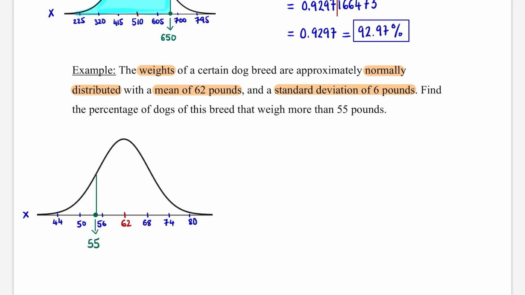I have two regions. One is below 55 and one is above 55. I want to find the percentage of dogs that weigh more than 55 pounds. So this is 55. More than 55 pounds is everything to the right. So I'm looking at this region.